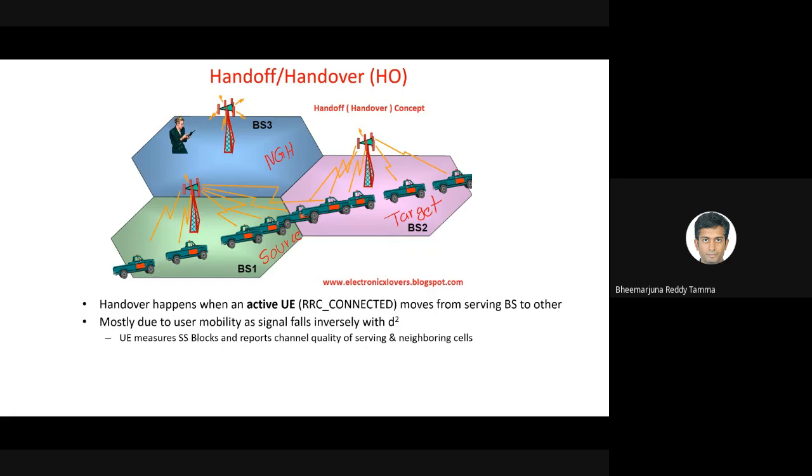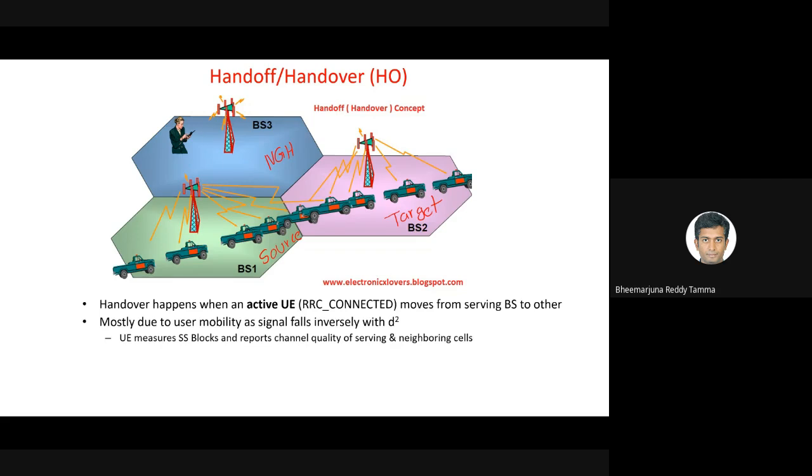The user is in base station 1, moving towards base station 2, and there's also another neighboring base station, BS3. The user equipment inside the truck has no clue that the user is indeed moving towards base station 2.